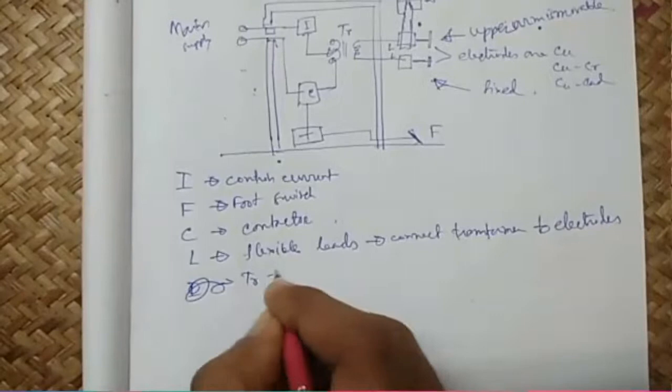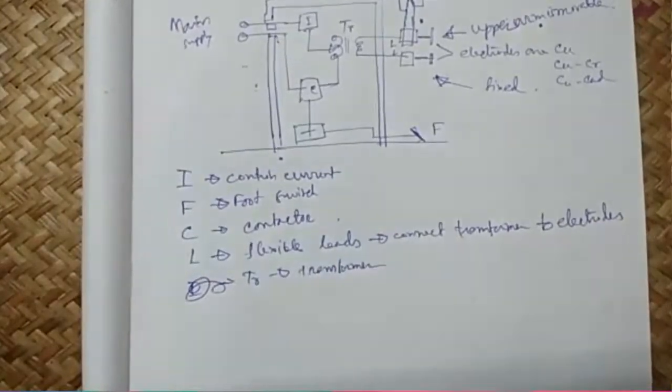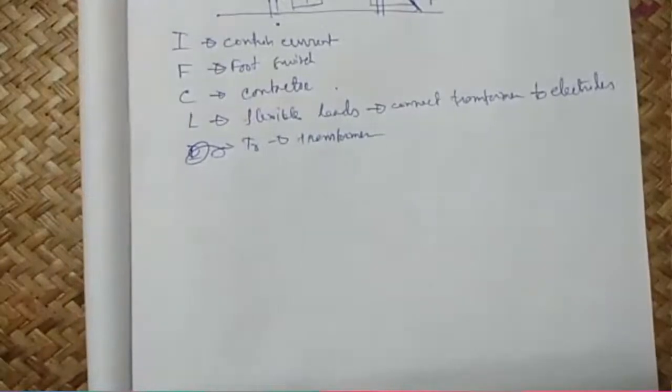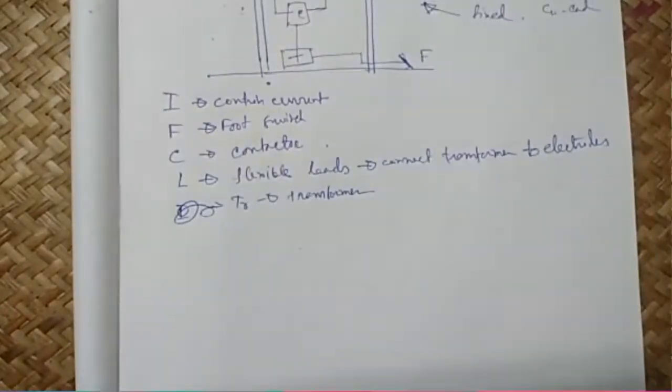TR means transformer. Okay, so this is the diagram which you have to draw if the working principle of resistance welding is asked and the number given is quite high, then you have to draw the diagram.